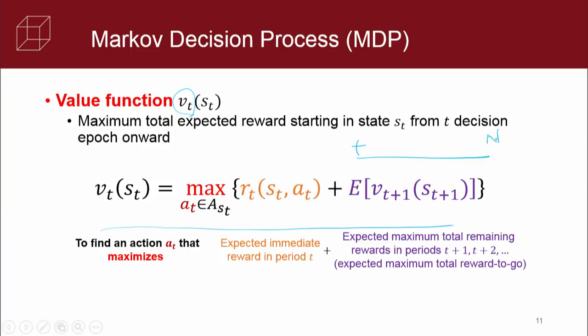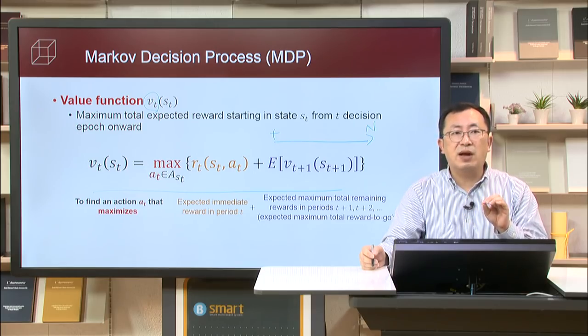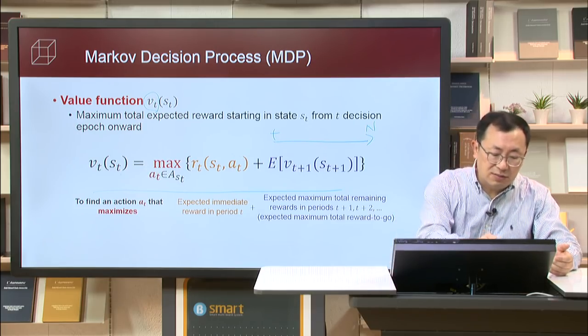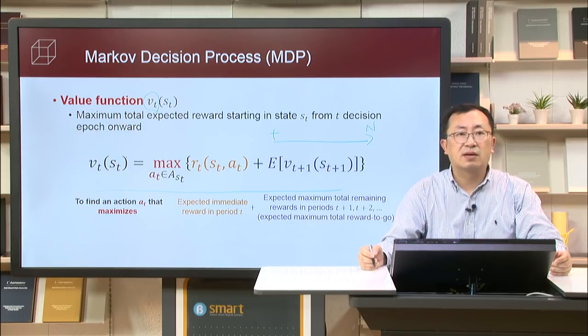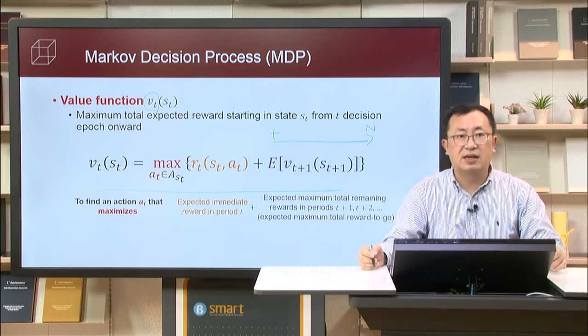So let's say we have the final horizon in the Markov decision process, right? So the value function is expressed in a recursive manner, as presented in this slide.